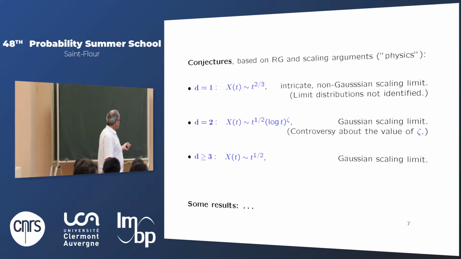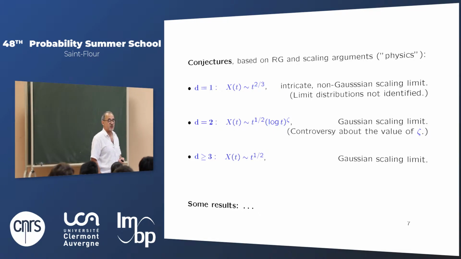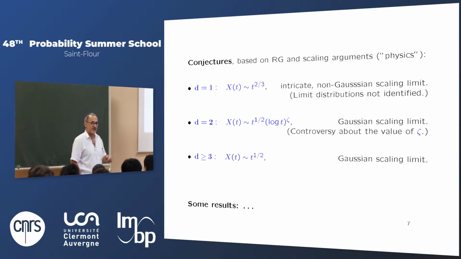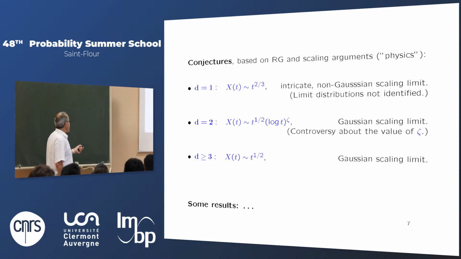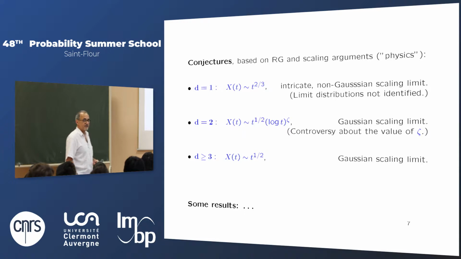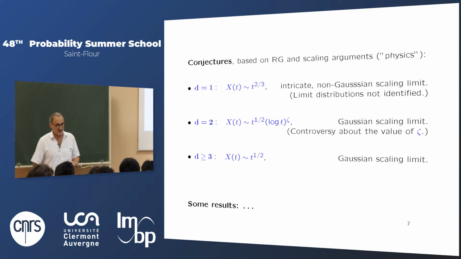In 2 dimensions, which is the marginal dimension for recurrence, as we know, and it's the marginal critical dimension for this story too, because recurrence is important here, you expect, or they expect, or the conjecture goes, that it's diffusive, but with some logarithmic correction, with this exponent zeta being something positive, so it's logarithmically marginally superdiffusive.